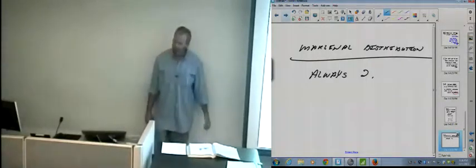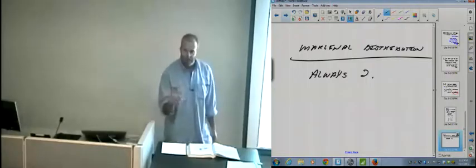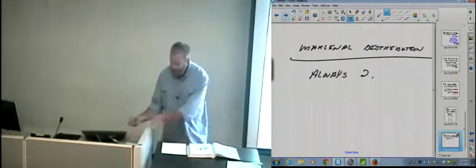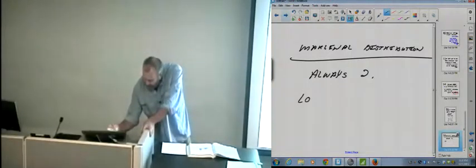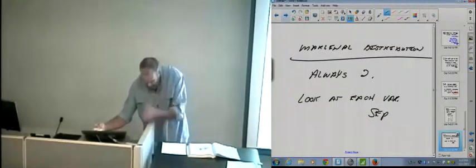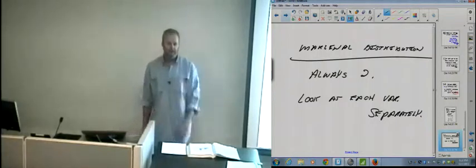I don't care if it's 4 by 3, 72 by 13. There's always 2 marginal distributions to be talked about. And what we do is we look at each variable separately. You ignore the other one.